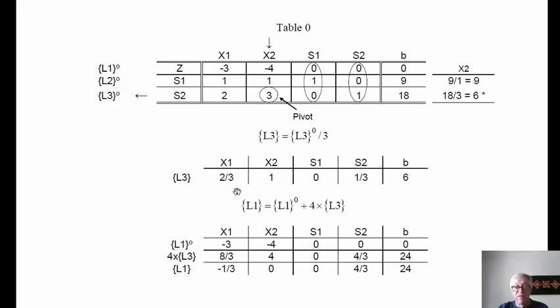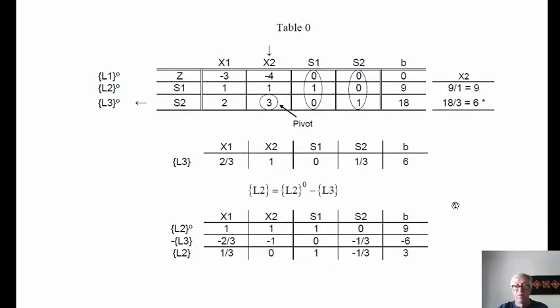To implement this instruction, I use this table here. I start with the previous line 1, then I multiply line 3 by 4, and I put it here, and then I just need to add the coefficients, and when I do that, I get the new line 1.